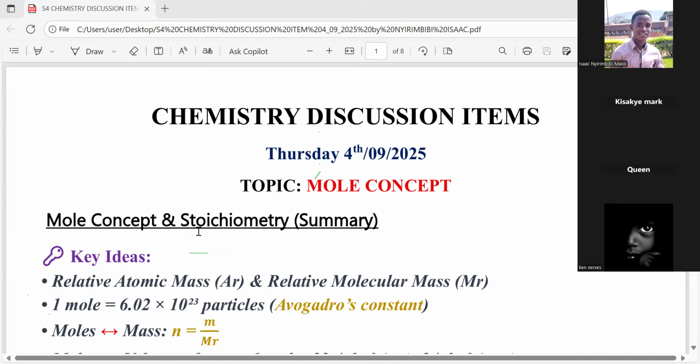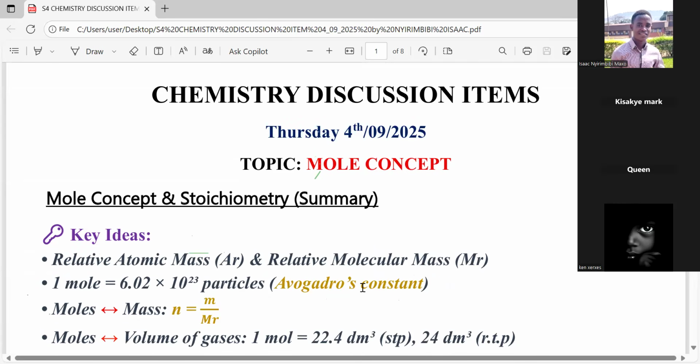We are going to have a few key ideas, some of the things that we expect to have covered, the ones I believe we covered, and the key ideas, things which are very important to note in this topic of mole concept and stoichiometry. So the first one, we have the relative atomic mass and relative molecular mass.